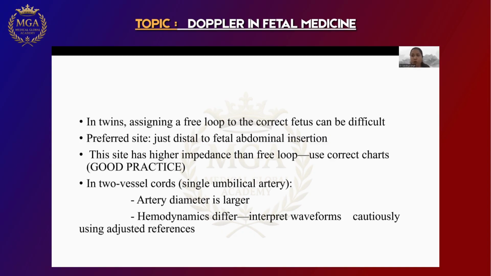Like you might have read about compensatory hypertrophy in cases of renal agenesis. If there's just one kidney, that one kidney is going to increase its size so that it can compensate for the function of both, no? Similarly, if there's a case of single umbilical artery, the PI will be less because both the vessels fuse and the flow is altered. So ideally, we should use separate charts and graphs for single umbilical artery, but we don't have those available. Recently in 23 and 24, a few papers came up, but it's still not in practice because standardized charts are not available.